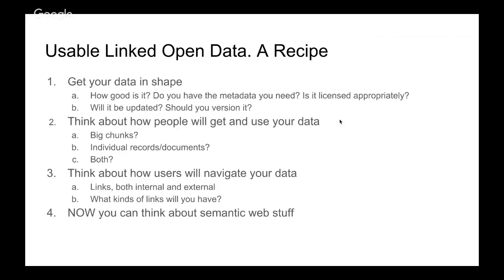And you also want to think about how users are going to navigate your data. How is your data going to be interlinked internally, and how is it going to link out to other resources? And what kinds of links are you going to have? Are you going to categorize your links in some way, or are you going to treat them all as flat, plain links?